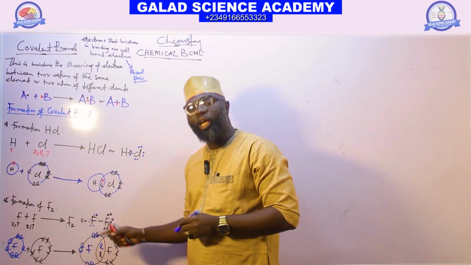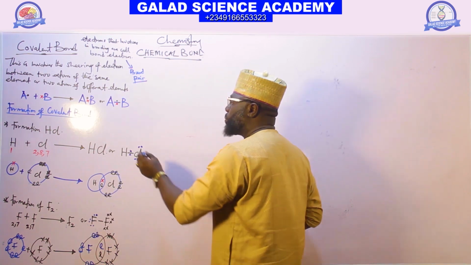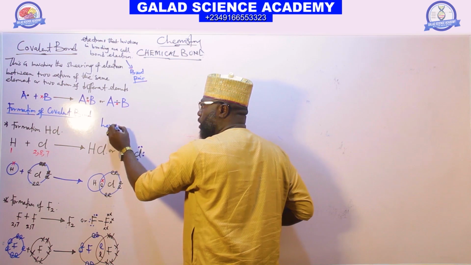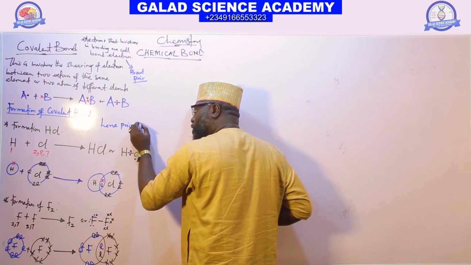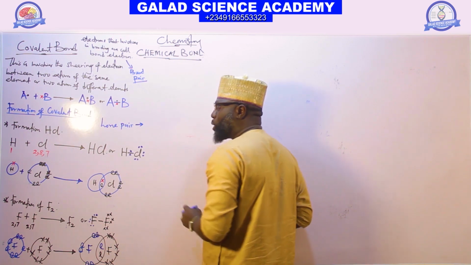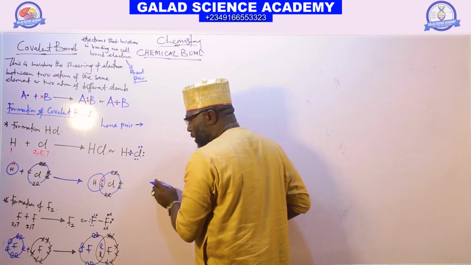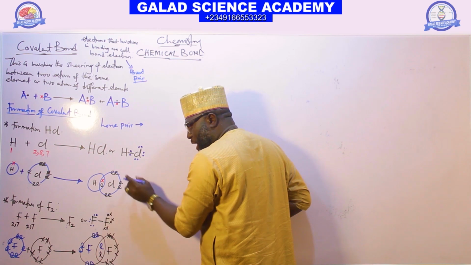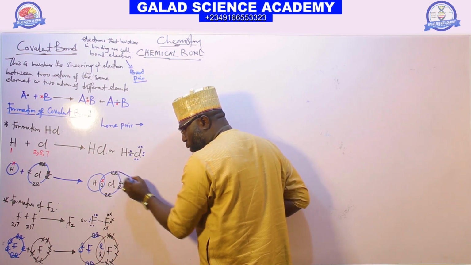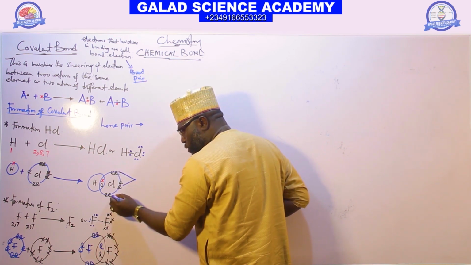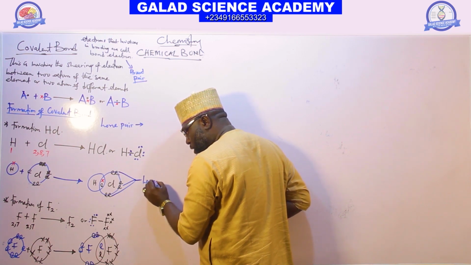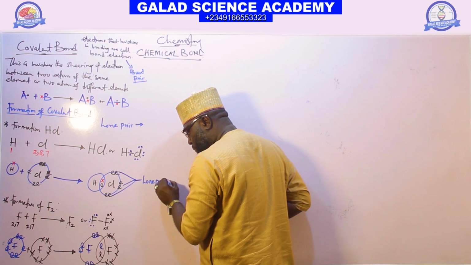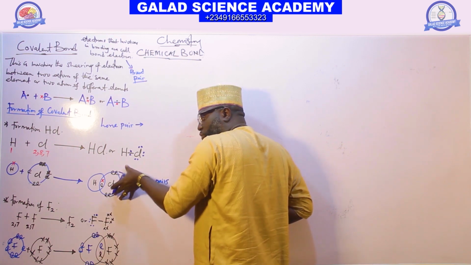Any electron which is not involved in bonding is called a lone pair. In this structure, the lone pairs here are these 1, 2, 3. They are not involved in bonding.